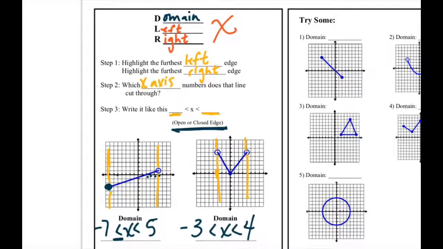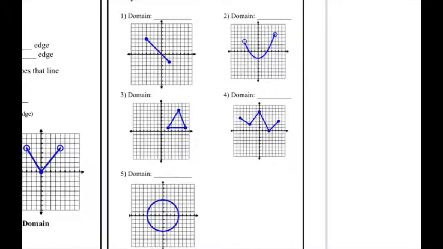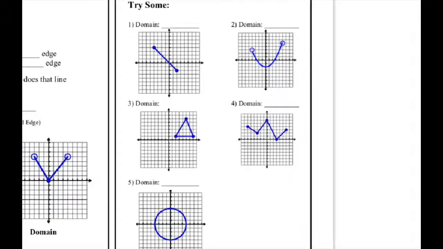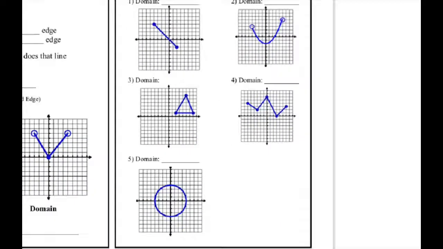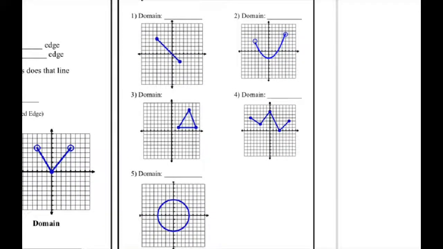So now we're going to try a few together, and then you can try a few on your own. Domain is left to right. Very easy. So domain, here's my left edge, here's my right edge. Domain is x, smushed between two numbers. My x's live between, the left side is 1, 2, 3, 4.